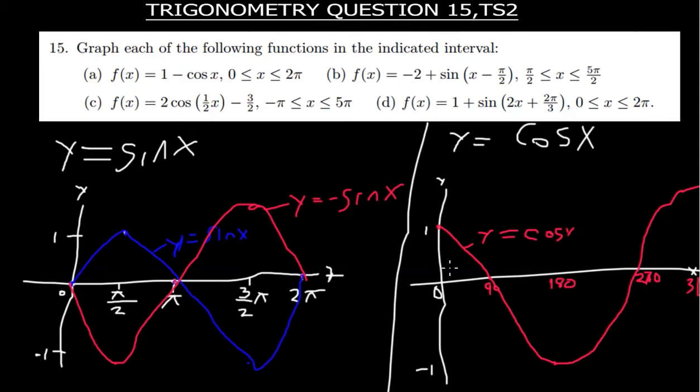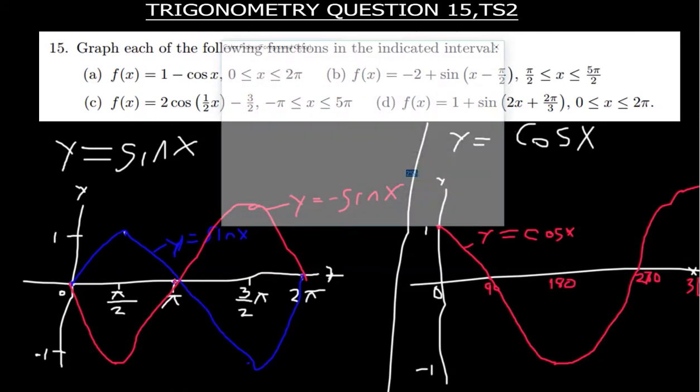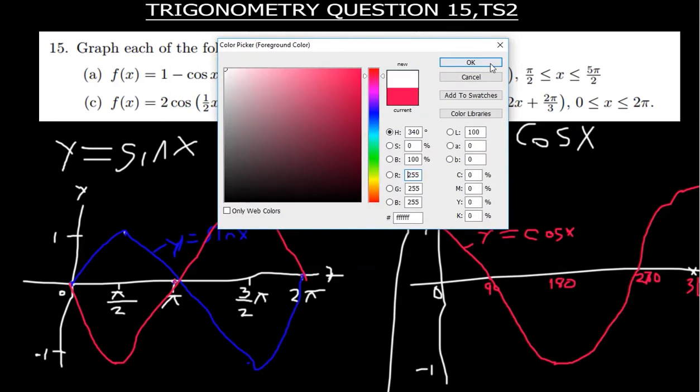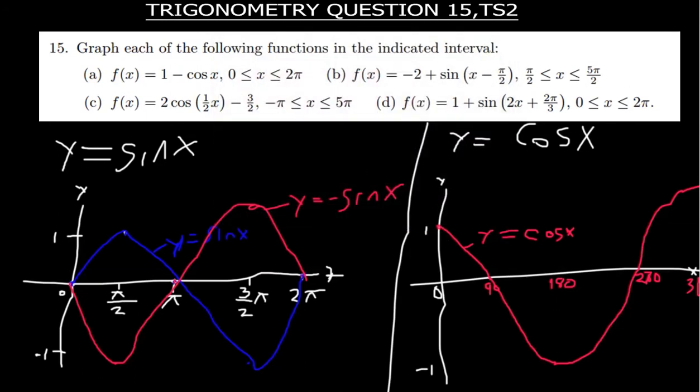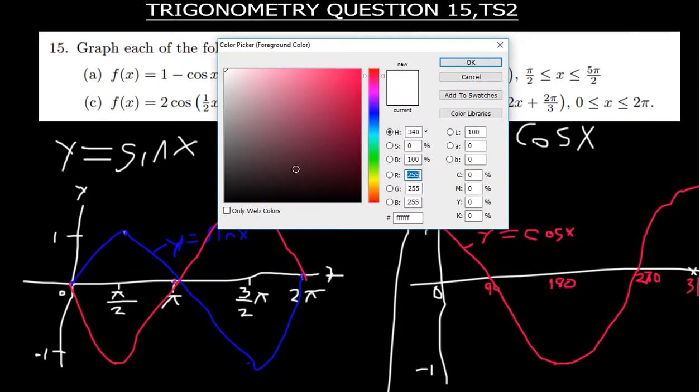So let us now see how the graph for y is equal to negative cos x is going to look. The same applies to this, but the opposite is the case.